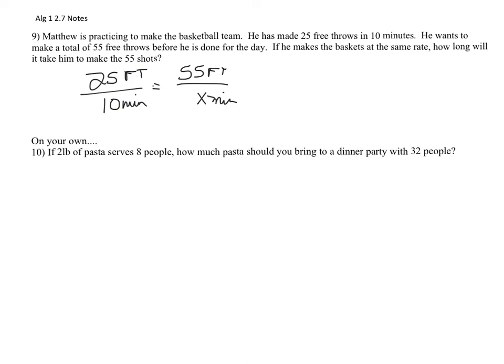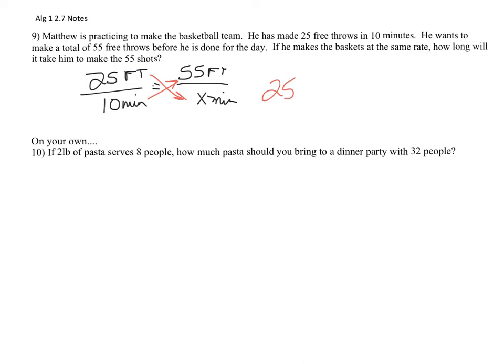Now all we have to do is use the cross product property to figure out how long this is going to take him. Okay, so let's go ahead and figure that out. Oh boy, got to pick up the pencil.